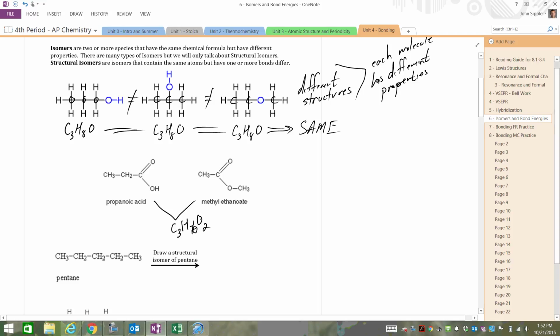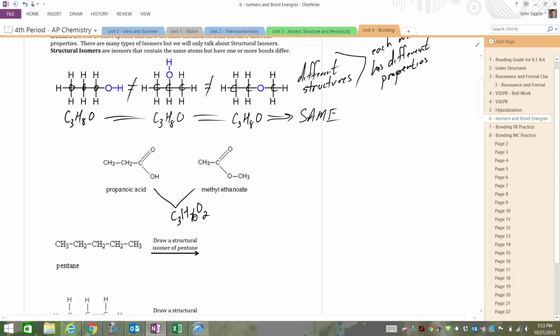Propanoic acid is one of the products of breaking down fatty acids in your body, like triglycerides. Methyl ethanoate is used in things like acetone, and was also used with Kodak film to help develop film. It's slightly toxic, whereas propanoic acid is no problem. It's made in your body. So same formula, very different properties. They are structural isomers of one another.